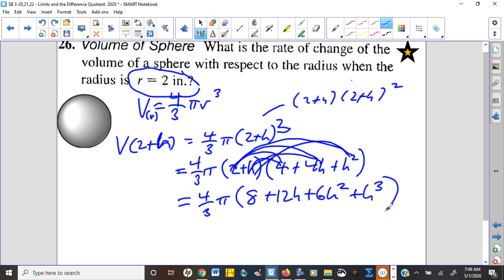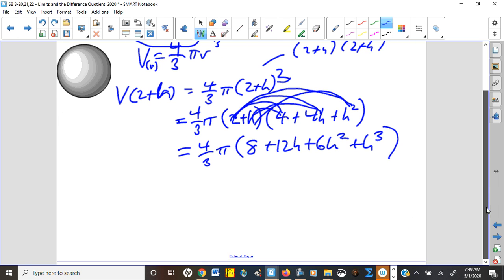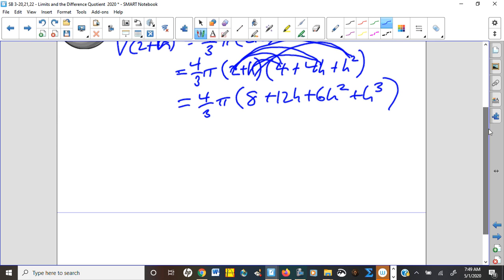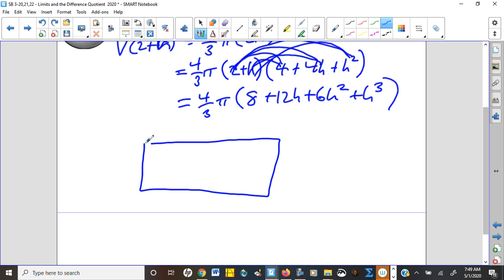Now, if you struggle organizationally with this, I don't want you to feel bad at all. But this is a method that's taught in Algebra 1 that I think sometimes higher level math students feel like they're too good for, and it's kind of like, oh, that's the way babies do it. But there is nothing wrong with going back to the old box method. It's a method of distribution.